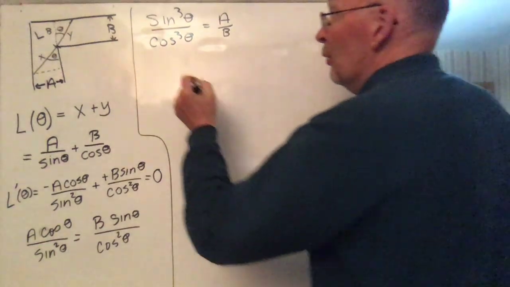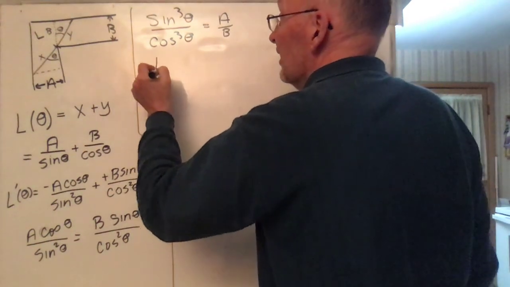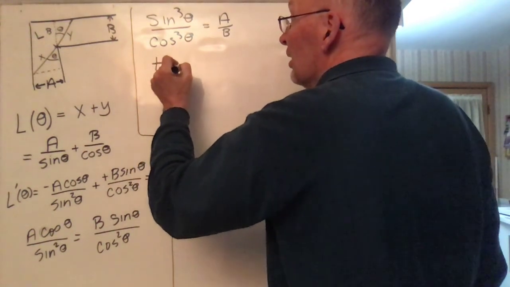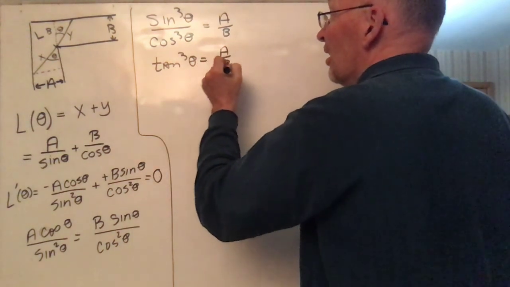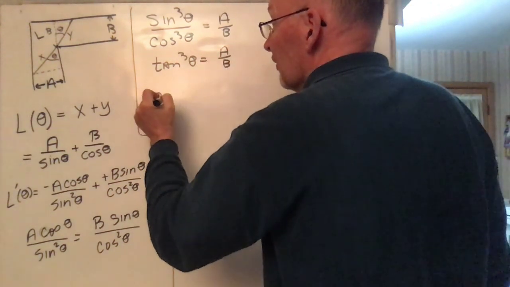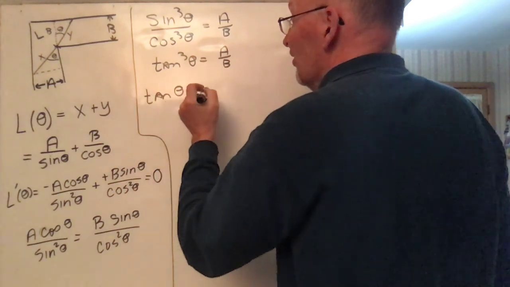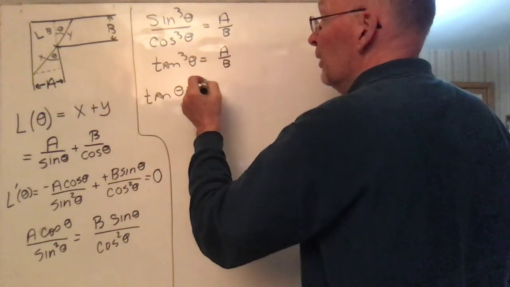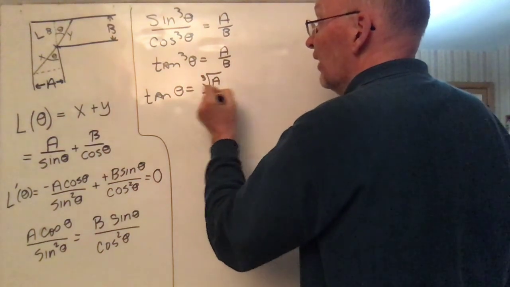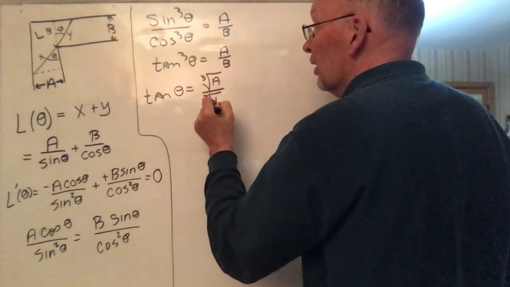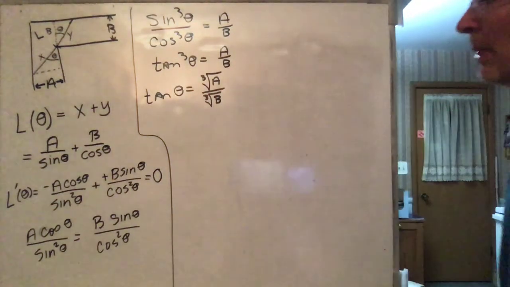Okay? Which means that this is the tangent cubed, which means that the tangent of theta is equal to the cube root of a over b. And the cube root of a over b I can write as the cube root of a divided by the cube root of b. Okay?